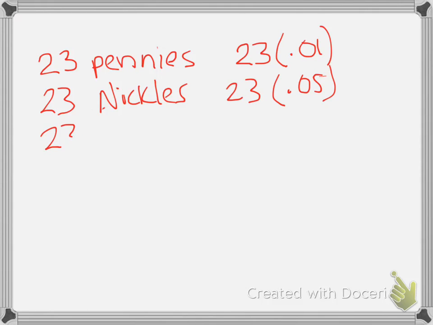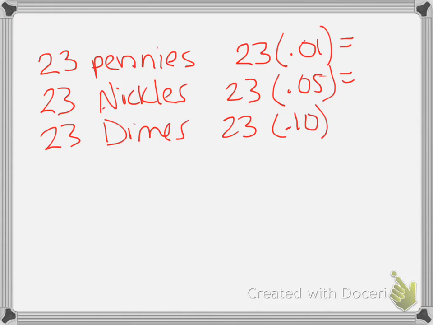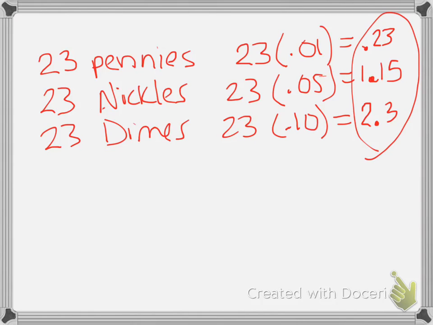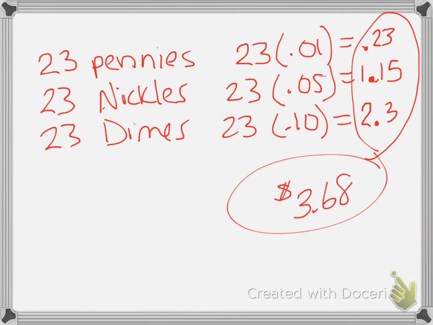And if I have 23 dimes, that's going to be 23 times 0.10. And then I can add these up and see, do they really equal the 368 they're supposed to? And they do. So then I know that I have it correct.